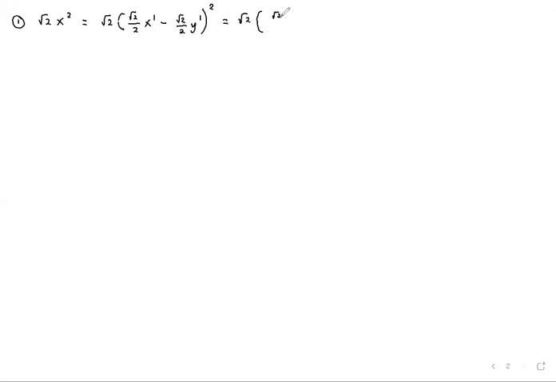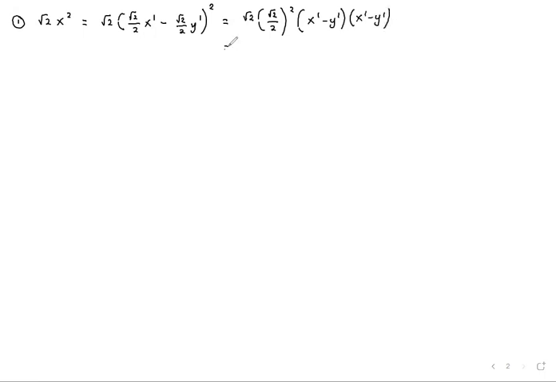In fact, since root 2 over 2 is common there, I'm thinking of factoring it out. Since it's common, I think it will make sense. So we'll have root 2 and then root 2 over 2, we give it the square, and we'll have x prime minus y prime multiplied by x prime minus y prime.